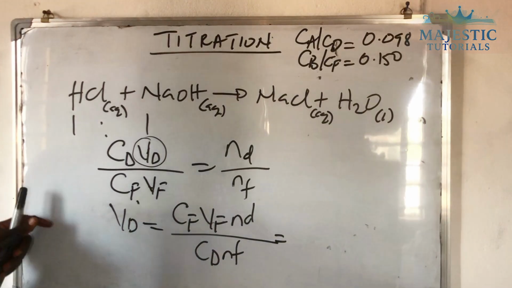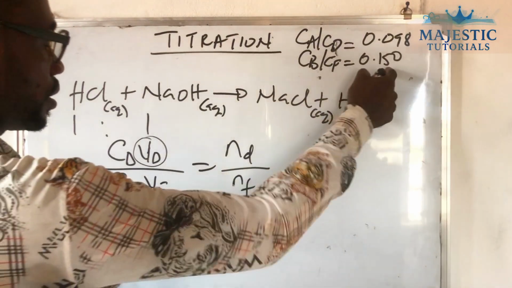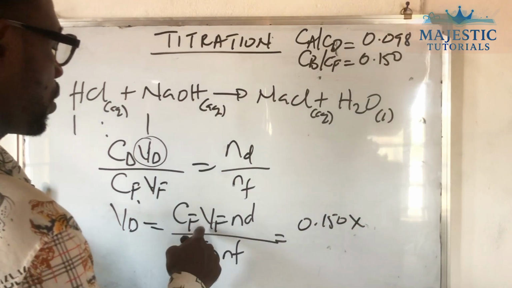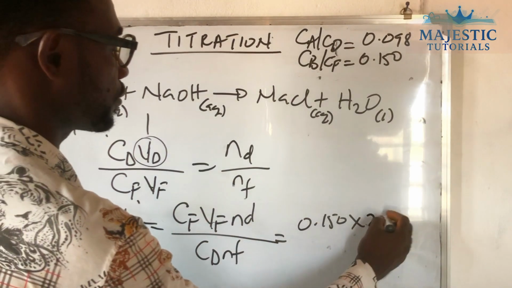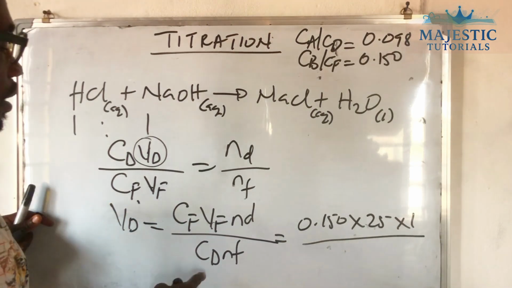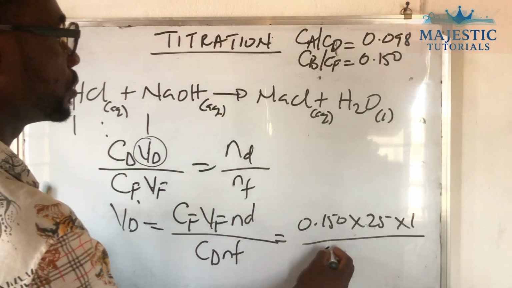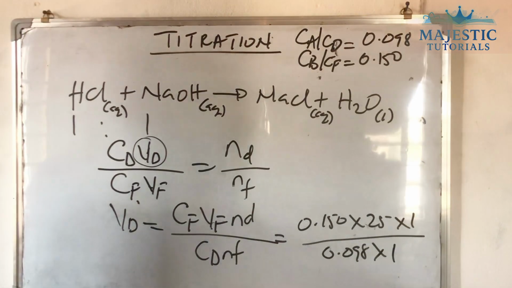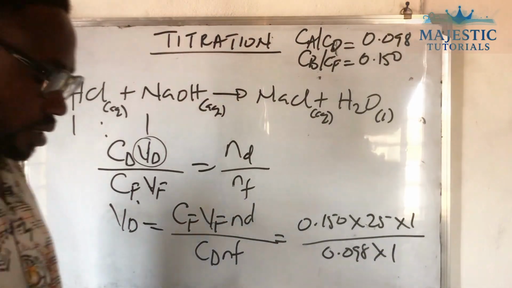Substituting the values, what's my CF? 0.150 times, what's my VF? 25 is what I'm using here. ND here is 1. Then what's my CD? 0.098 times 1.